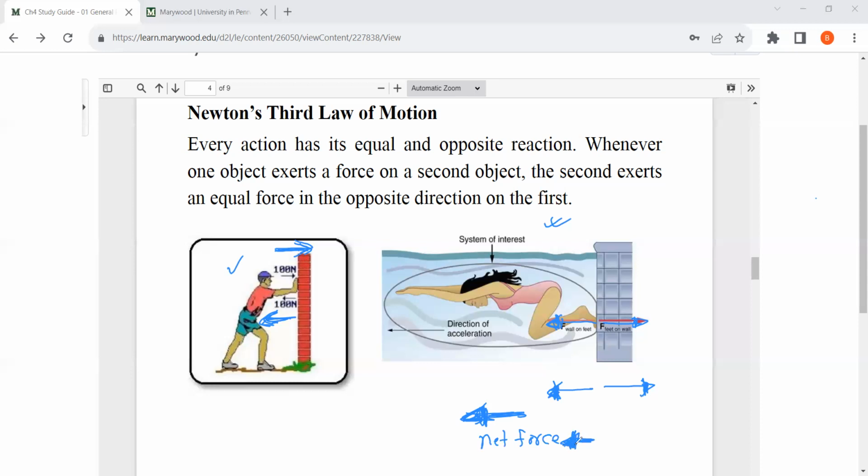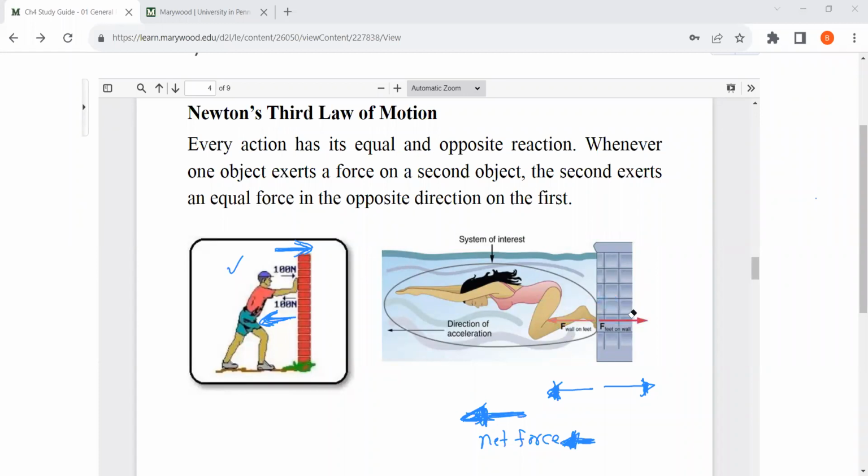So how does she get this net force? She gets this net force from the wall. She's applying force in this direction, right? If she does not get back the reaction force, she cannot move forward. So remember that.